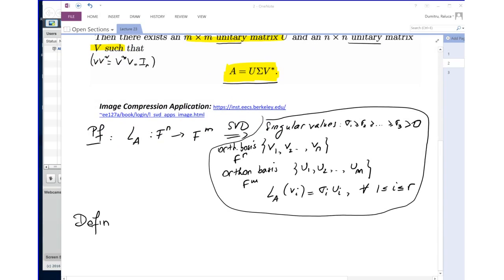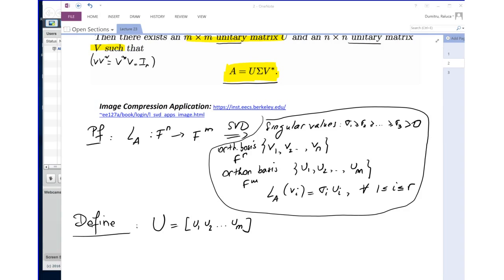They are going to be defined in the simplest way possible, starting from this data that we have. To find the matrix U, you're just going to place the U vectors next to each other as column vectors, until you get a matrix.